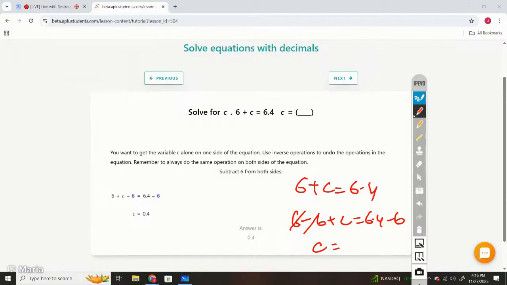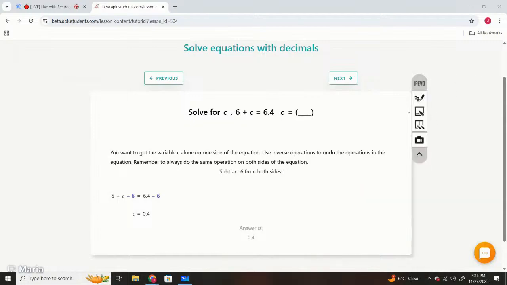And 6.4 minus 6 is 0.4. So the correct option is 0.4.